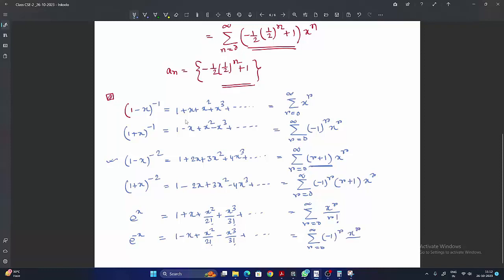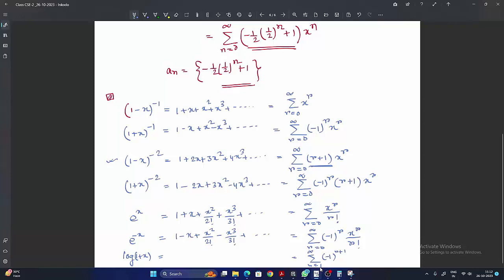Then one more is log of 1 plus x. Here r equal to 0 is not present, so the series starts from r equal to 1 to infinity, with minus 1 to the power r plus 1.